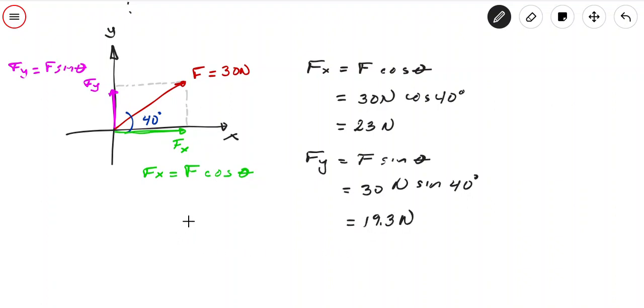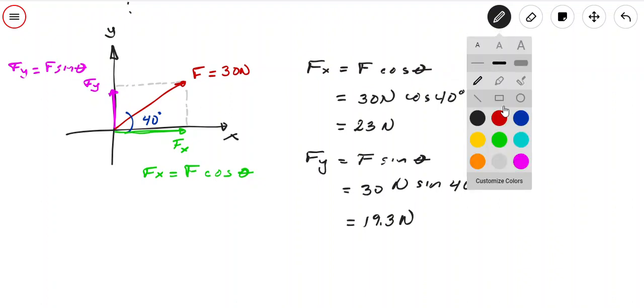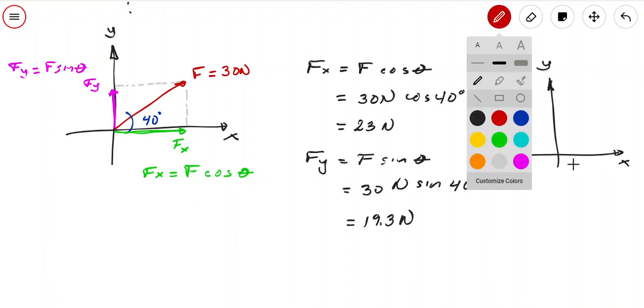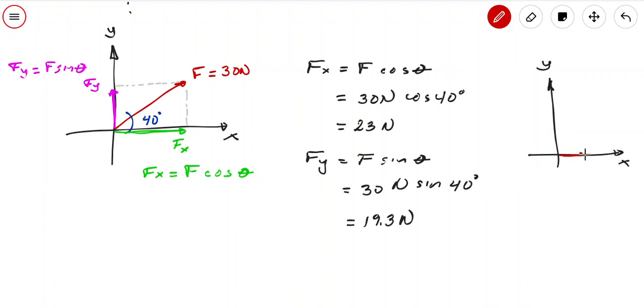Now, if you want to express these components or this vector F in terms of the components and the unit vectors, let me explain what the unit vectors are. So we have the coordinate system here, x, y, and then we have here one vector of magnitude 1 that is going to be the unit vector i that is in the direction of the x-axis, and we have another vector of magnitude 1 that is called the unit vector j that is in the direction of the y-axis.